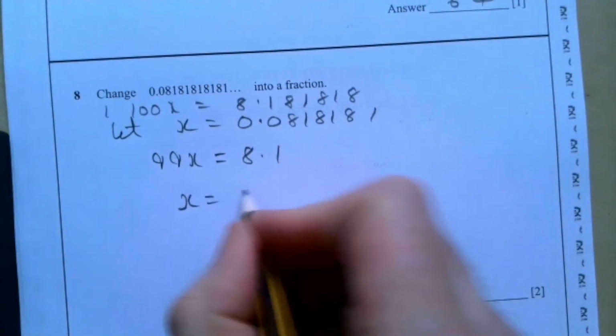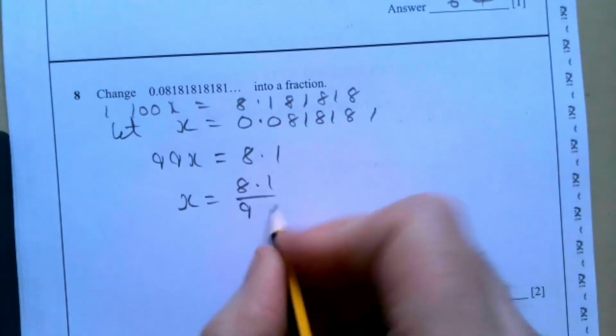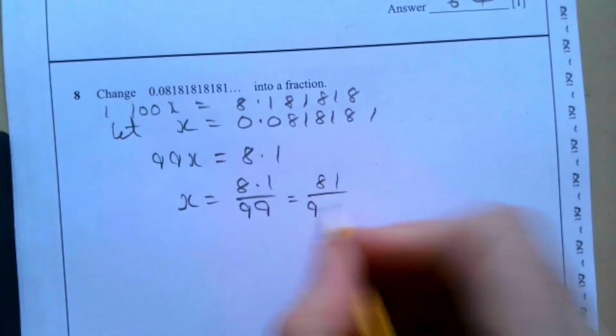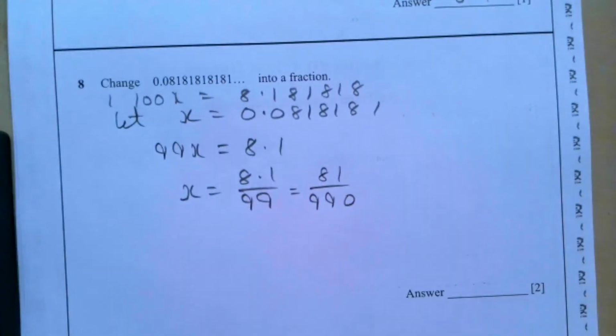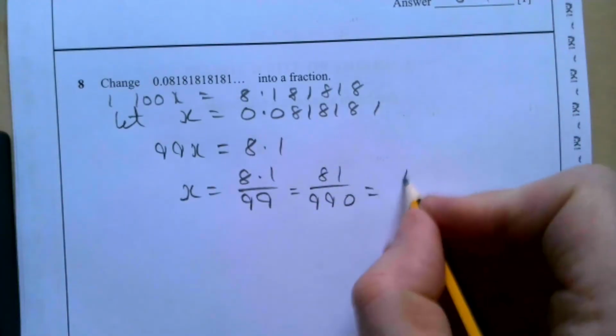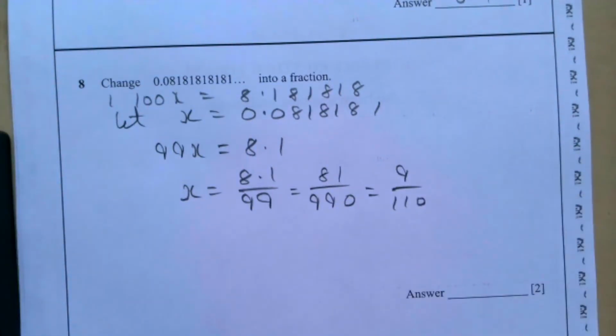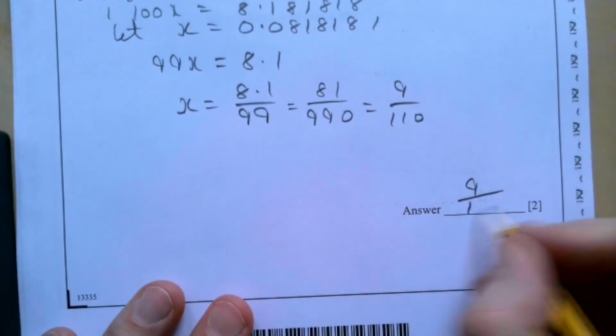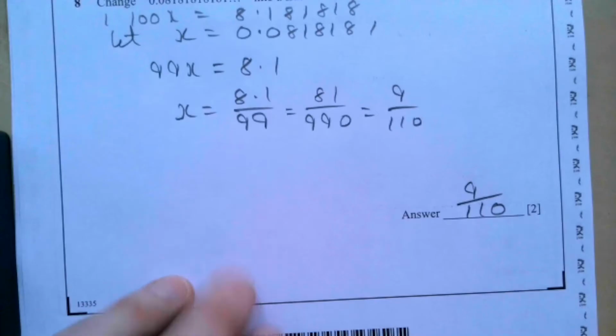So x is 8.1 over 99, or if you want then 81 over 990. Hopefully it's reasonably clear that they divide down, they both divide by 9, so it'll be 9 over 110. And we end up with that.